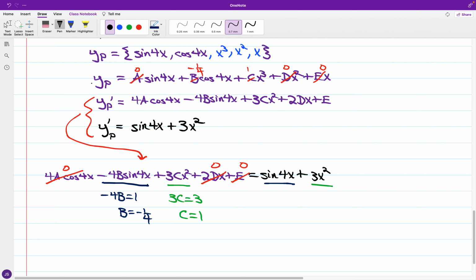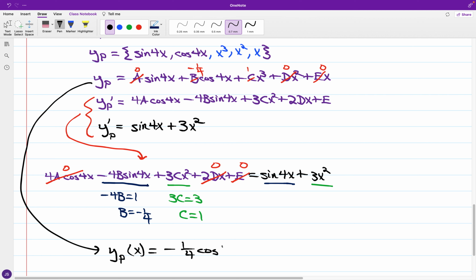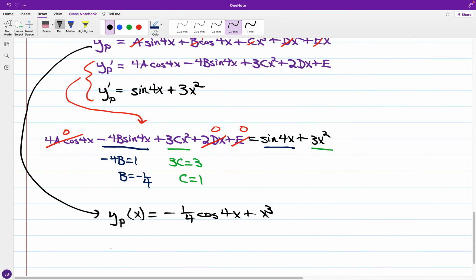And so relaying back, for y sub p of x, we end up with negative 1/4 of the cosine of 4x plus x cubed.